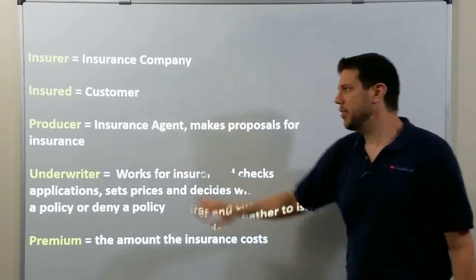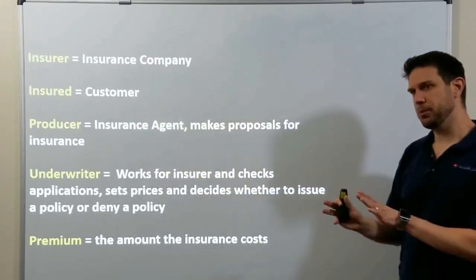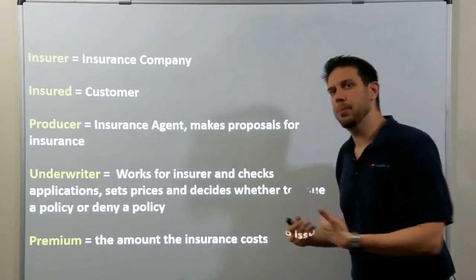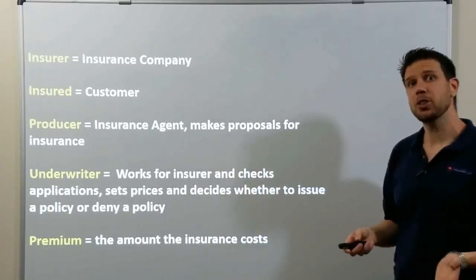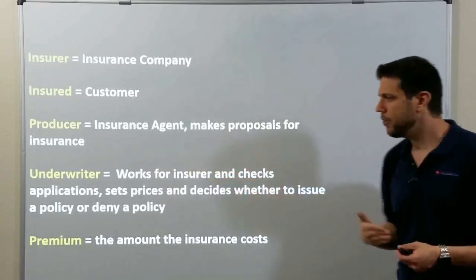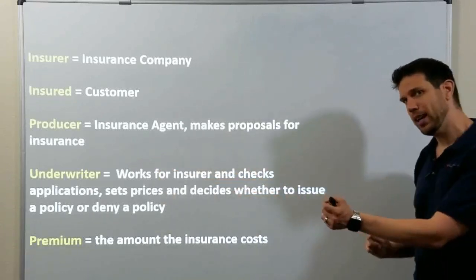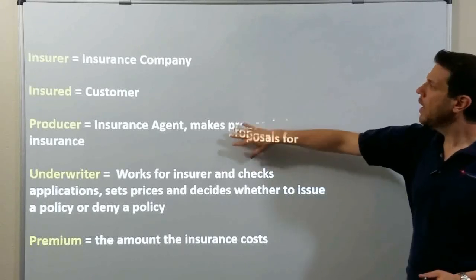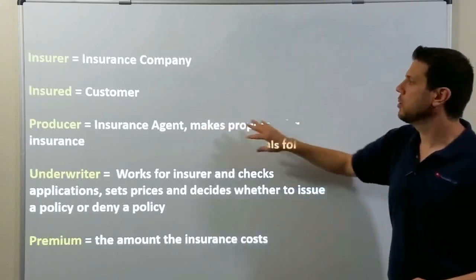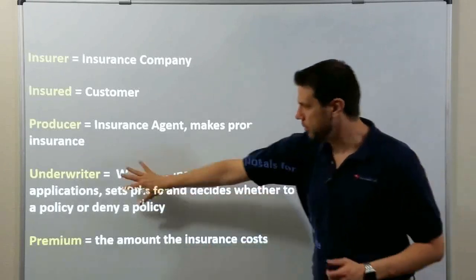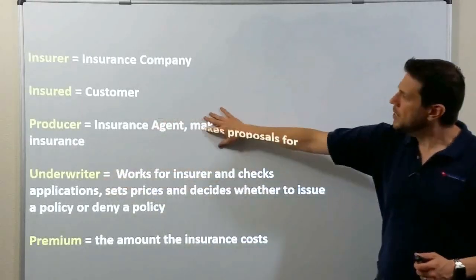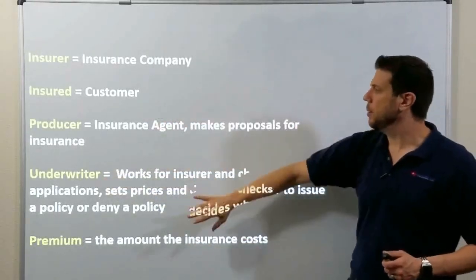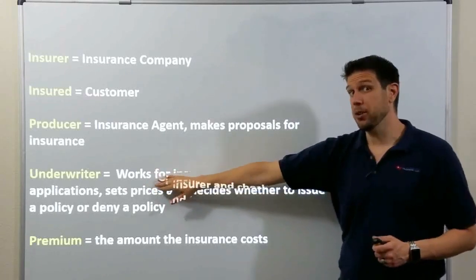As an insurance agent, what we do is we find the customers, then we try to sell them insurance. If everything's cool, we then collect the information, write it on the application, then we quote them the price on the proposal. Then we send those proposals and applications up to the underwriter. As an agent, we don't work for the insurance company, but the underwriters typically do.